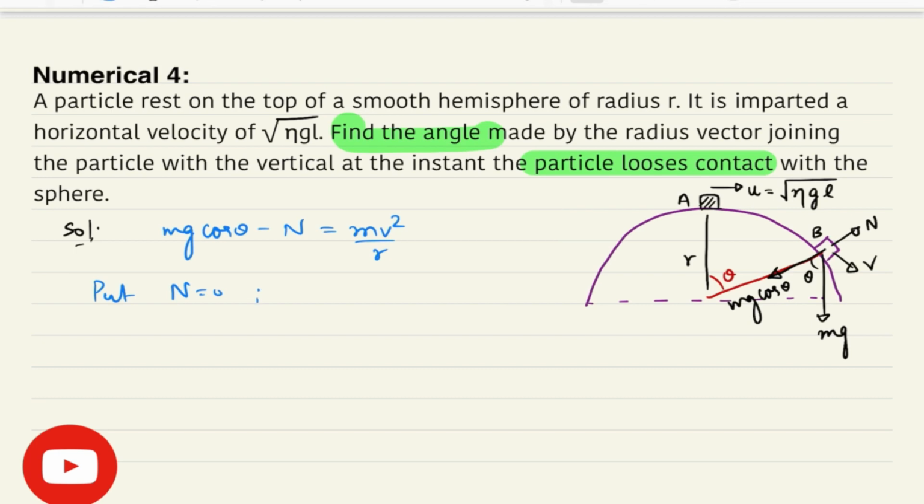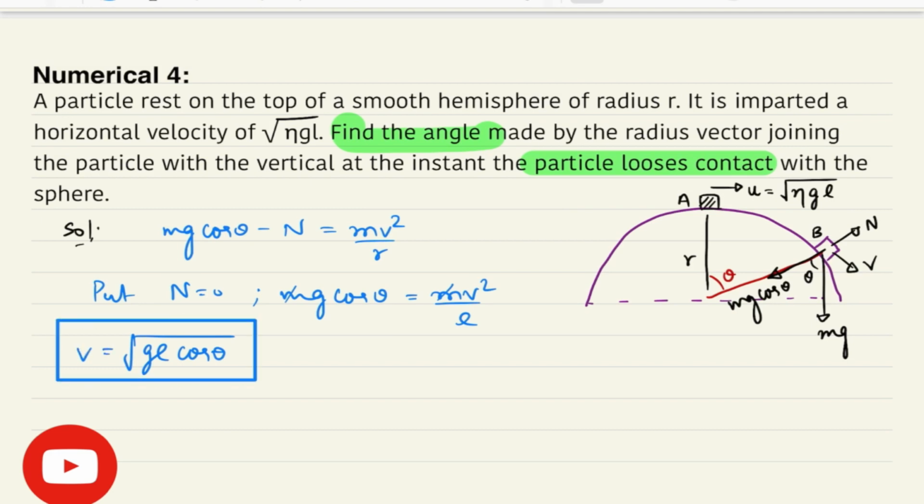So substituting, mg cos theta equals mv square upon r. The m terms cancel each other, so we get v equals root of g l cos theta. Let's say this is our equation number one. We will use it in the further calculation.